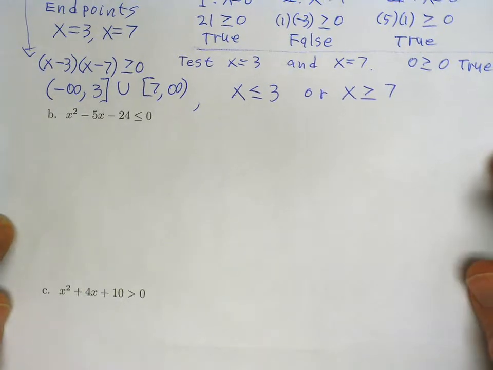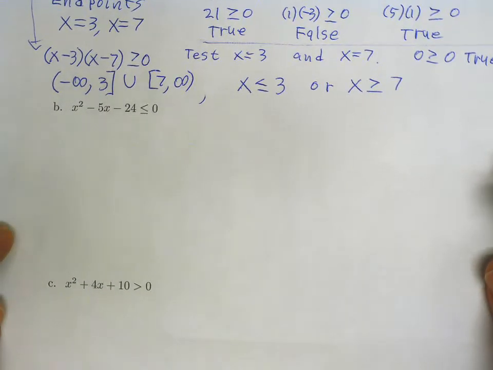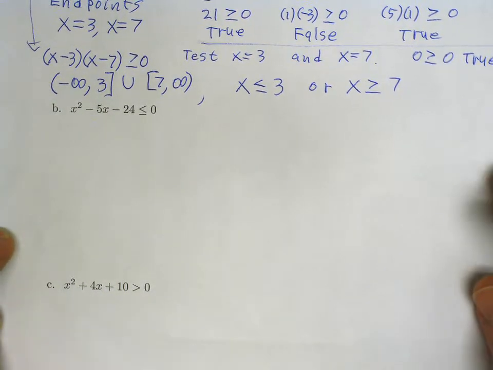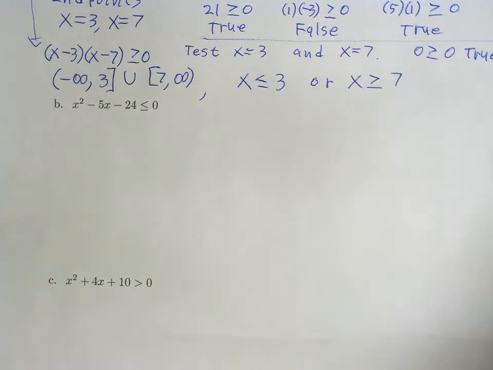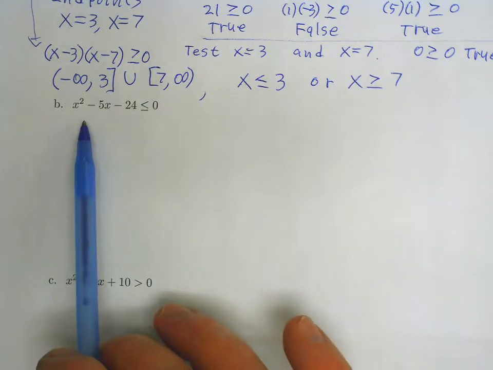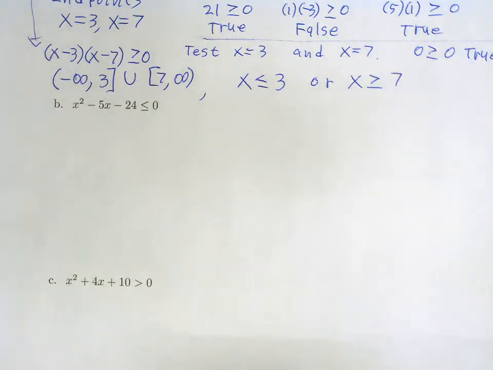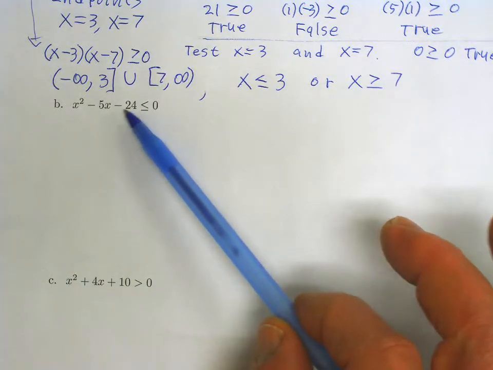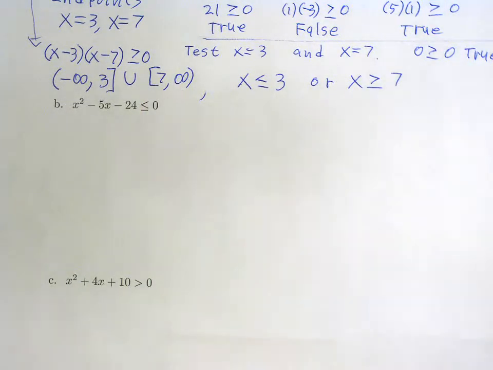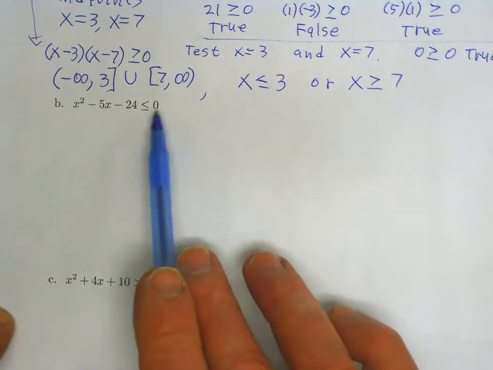Well, let's do the next two just for practice. So this one, x squared minus 5x minus 24 is less than or equal to 0. We want one side to be 0.